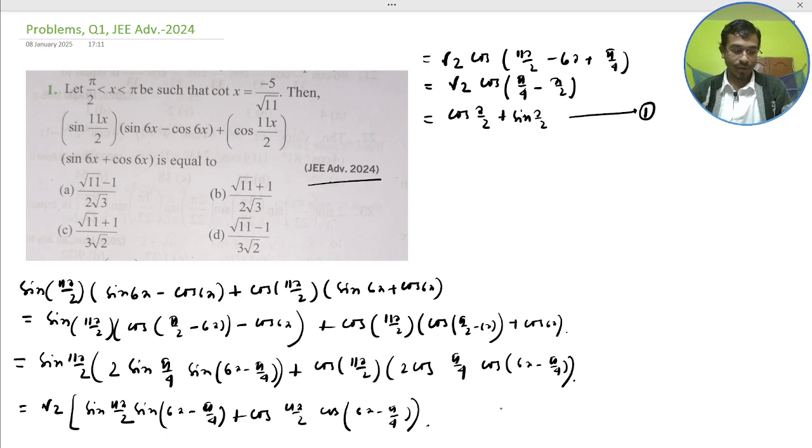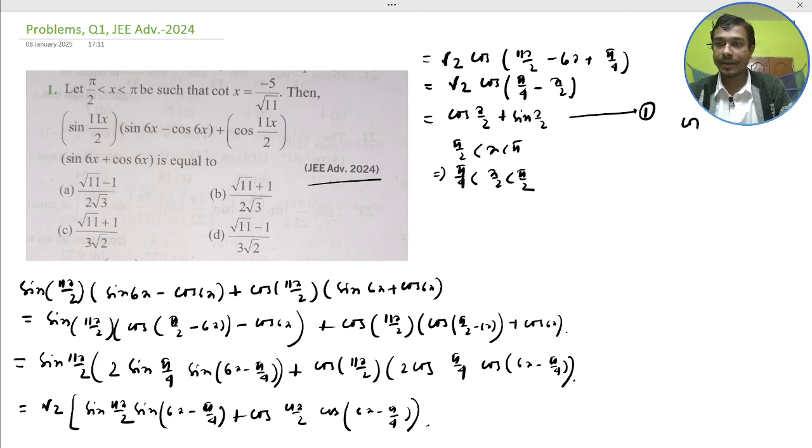Next, we have given that pi by 2 is less than x less than pi. That means pi by 4 is less than x by 2 less than pi by 2. So also given that cot x is minus 5 by root 11.